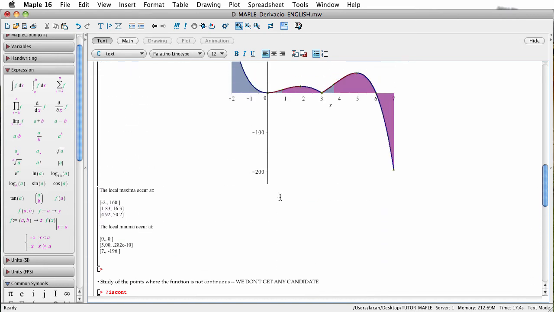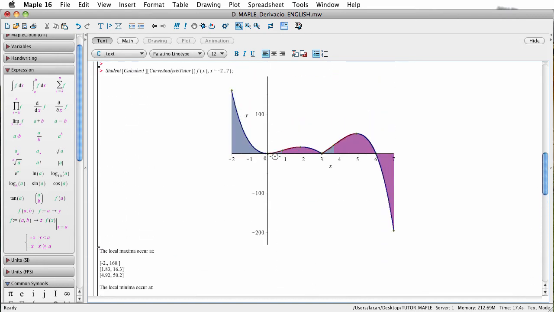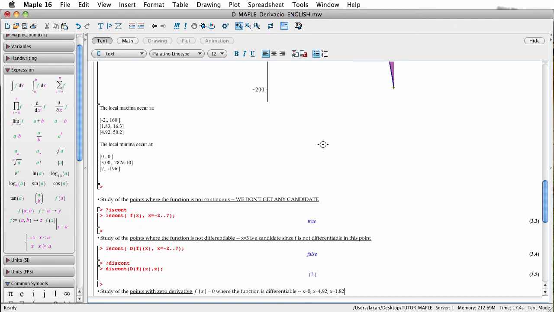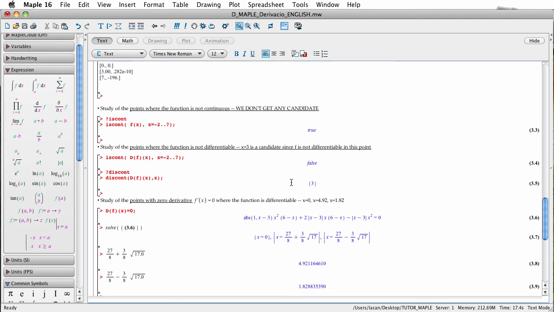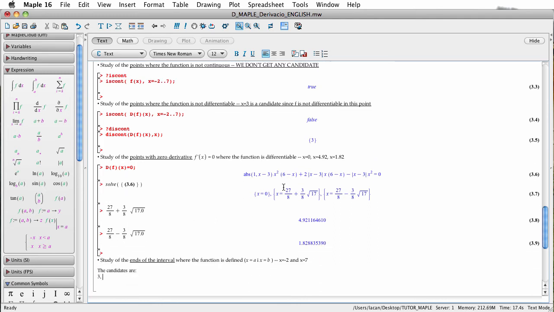We can go up. This has a 0 derivative. This one point also has the tangent line which is horizontal, and then 4 also has this line which is horizontal. So these are the 3 points. And then of course here we get x equal -2 and x equal 7. So to summarize, the candidates are, let's see, the first one is 3, a point where the function is not derivable.